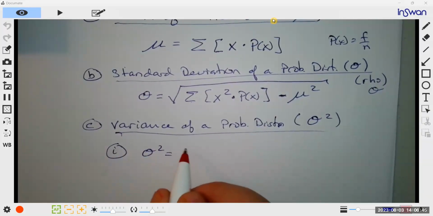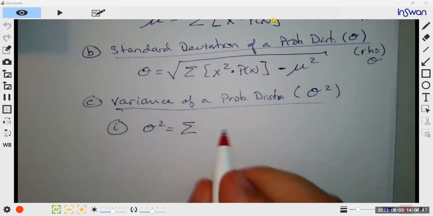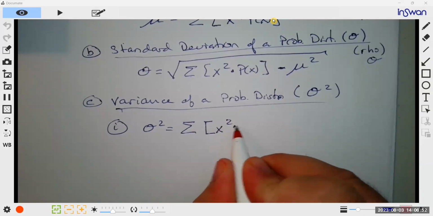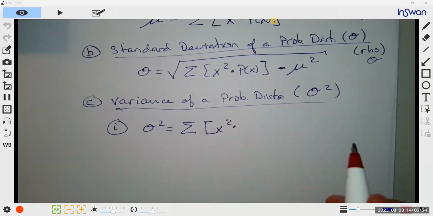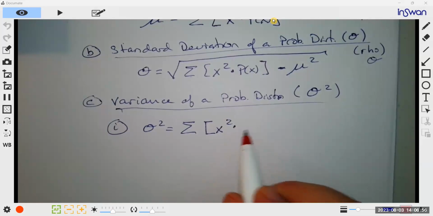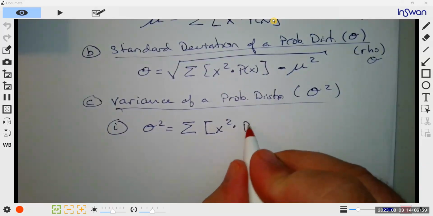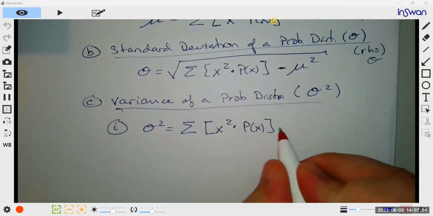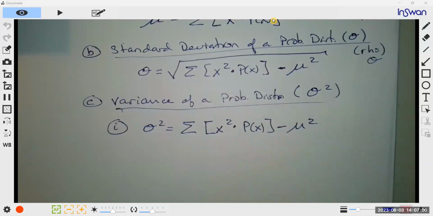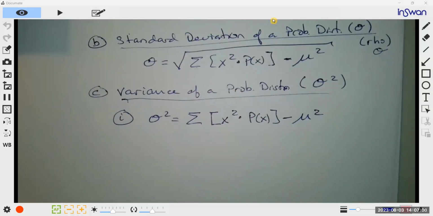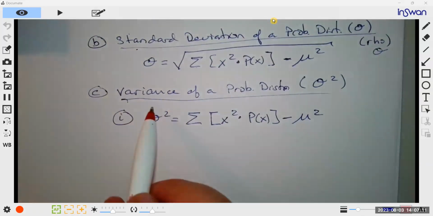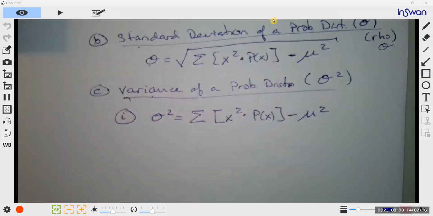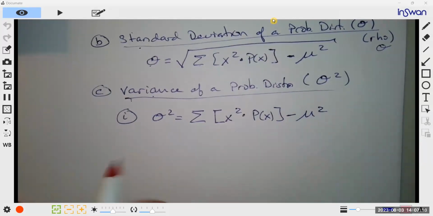Rho squared can equal summation of x squared times p of x, which is what we have in here, minus mu squared. Because remember, the deviation is simply the square root of the variance. So if we square root this one, we get that. This is the one we most often use.